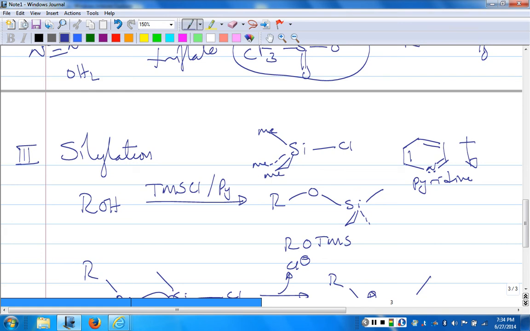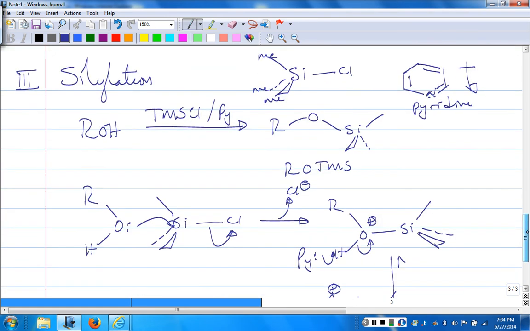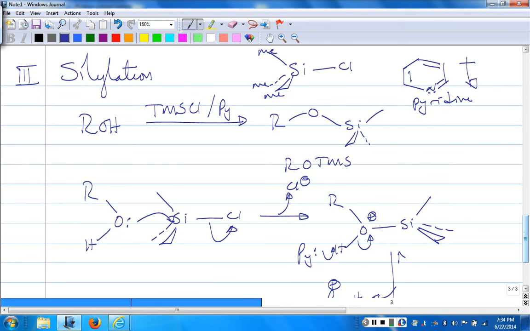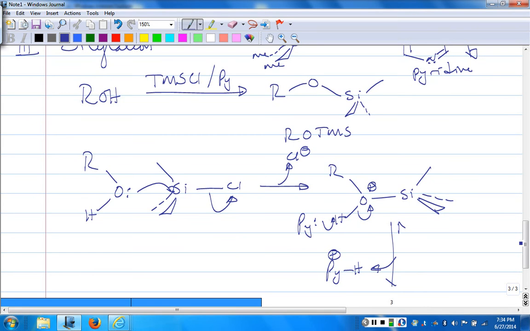It has the additional advantage of being basic and weakly basic. So pyridine is often used as a non-nucleophilic weak base. So if I just want something to soak up acidic protons, pyridine is actually fantastic. It's not nucleophilic enough to carry out any chemistry, but it will function as a base.